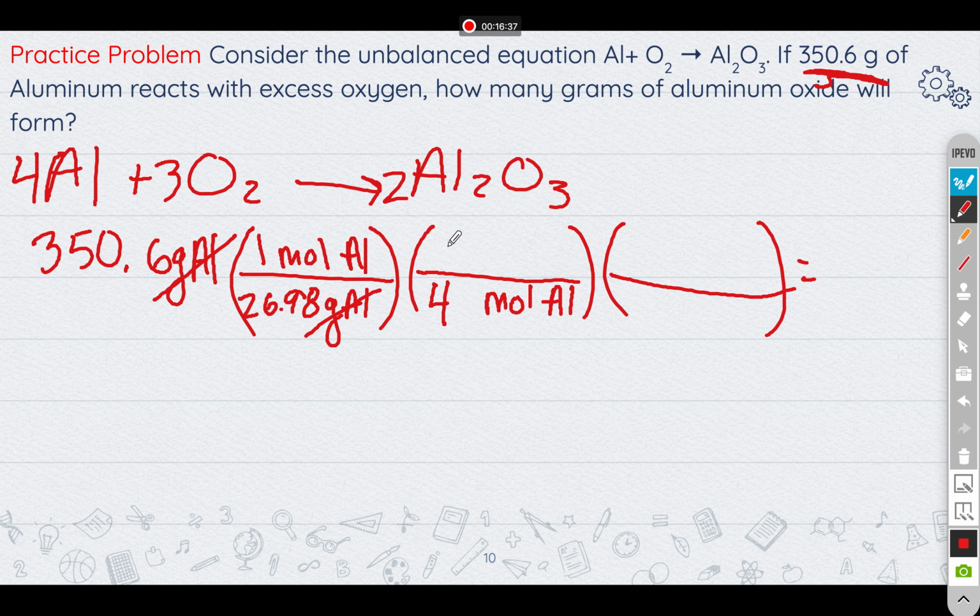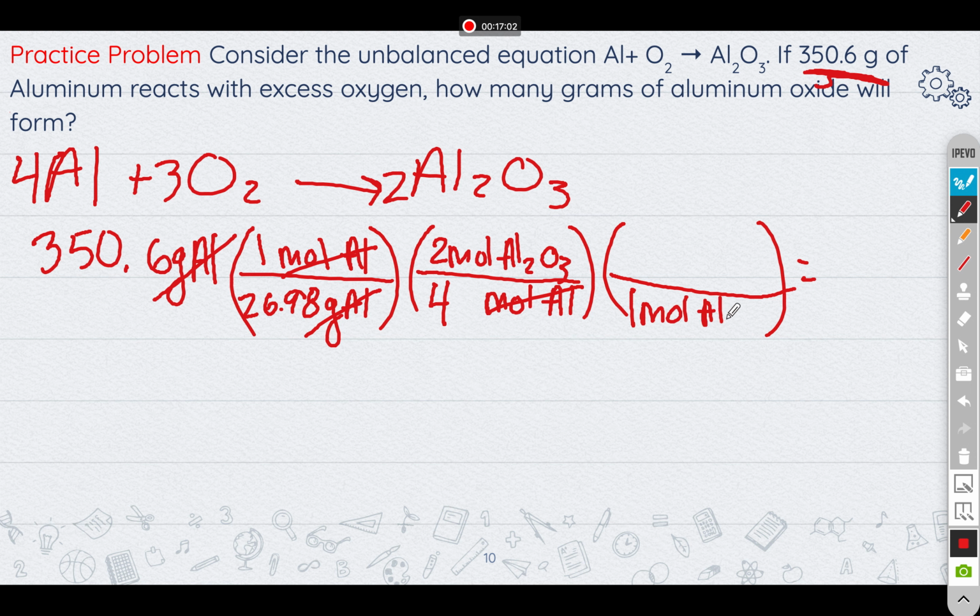And if I were to look at, let me see, what am I trying to get? I'm trying to find the product, right? So aluminum oxide. So I'm gonna get this 2 right here. So 2 moles of aluminum oxide. So this cancels out with this. And now I need to use molar mass to convert to grams.